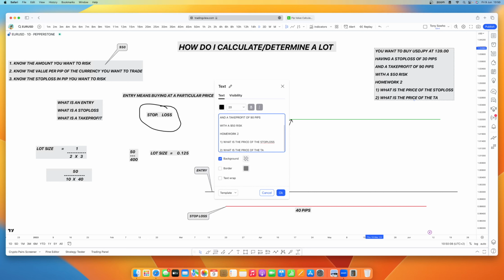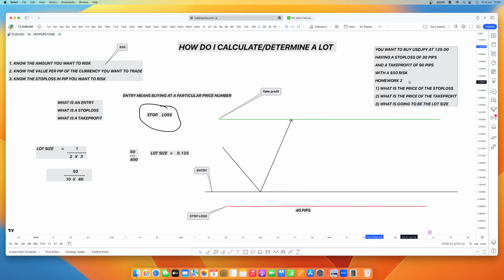And then your number 3 is, what is going to be the lot size? So I'm expecting 3 answers from you.